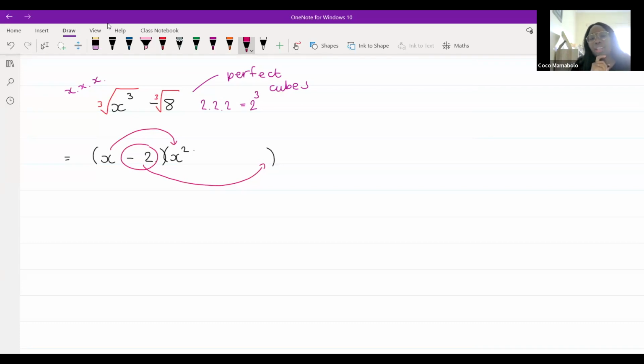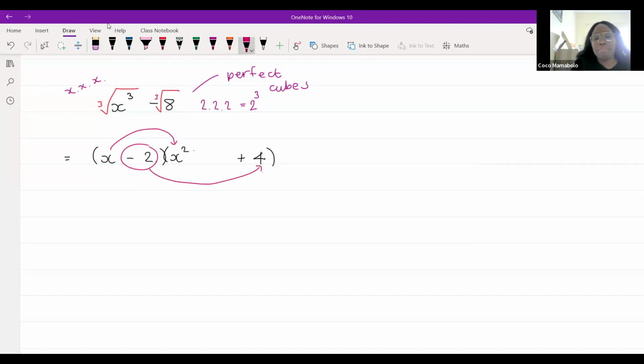Beautiful, Mandisa, that's the correct answer. I just wanted to make sure that nobody forgets that -2 all squared must give us +4. So x squared and then -2 all squared gives us +4.